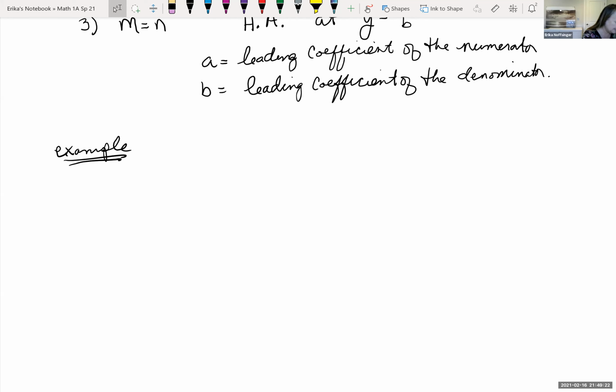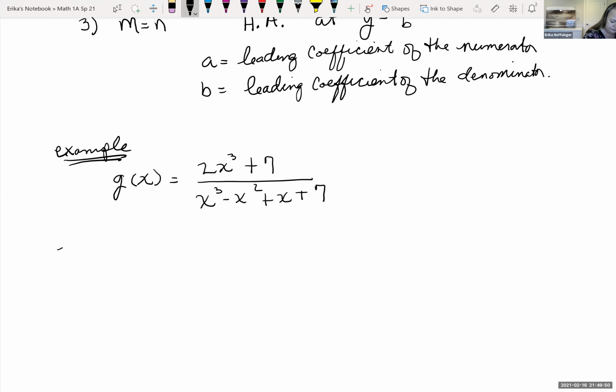So let's say we're given that g of x is equal to 2x cubed plus 7 all over x cubed minus x squared plus x plus 7. And we want to find the limit as x approaches infinity and the limit as x approaches negative infinity.